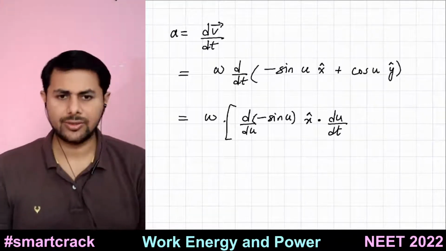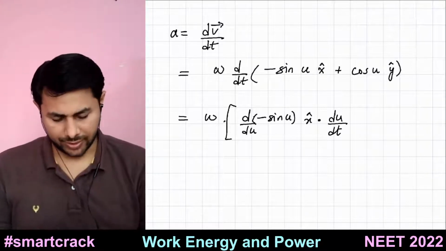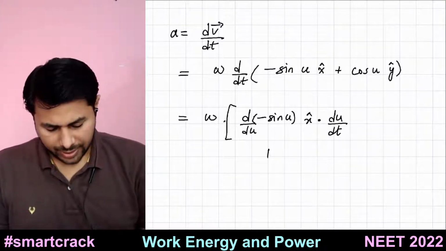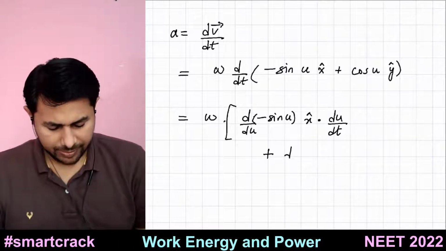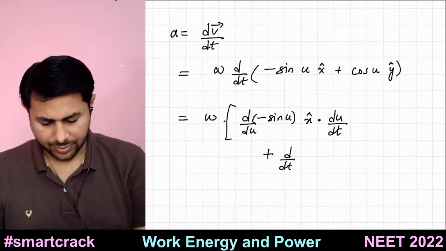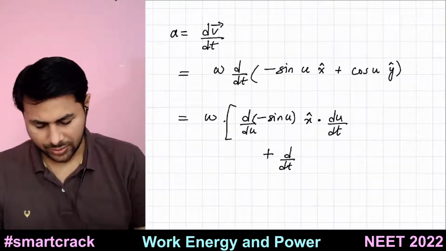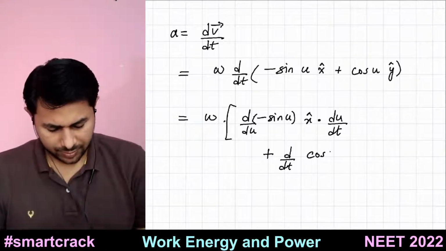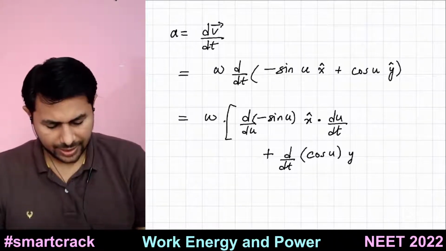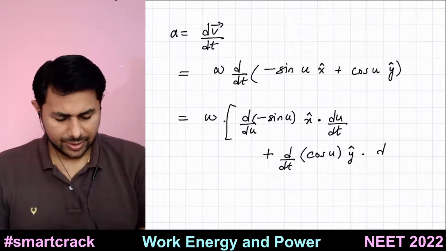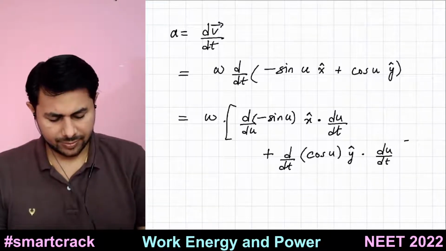What we are doing is applying the chain rule over here. Plus d by dt of the next term, which is cos u into y cap multiplied by du by dt.